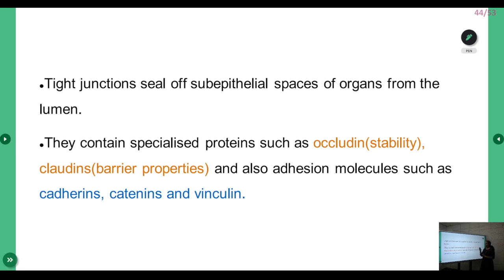At certain positions, tight junctions seal off the subepithelial spaces of organs from the lumen, and they contain specialized proteins known as occludins and claudins, and also adhesion molecules like cadherins, catenins, and vinculins.